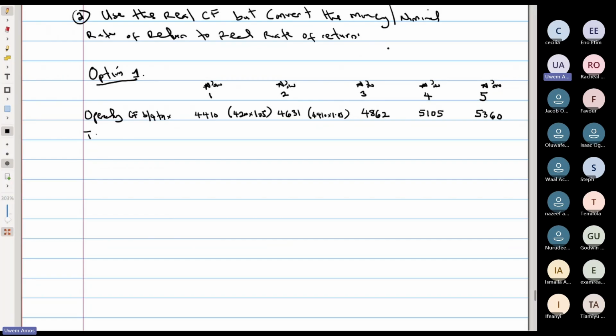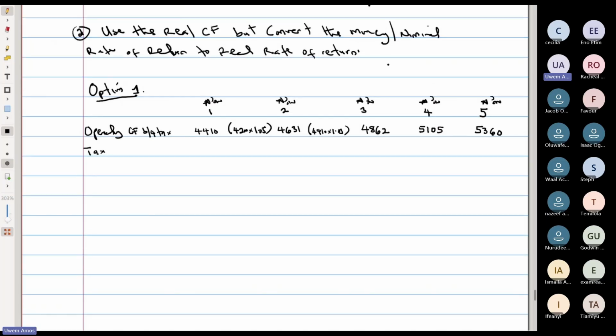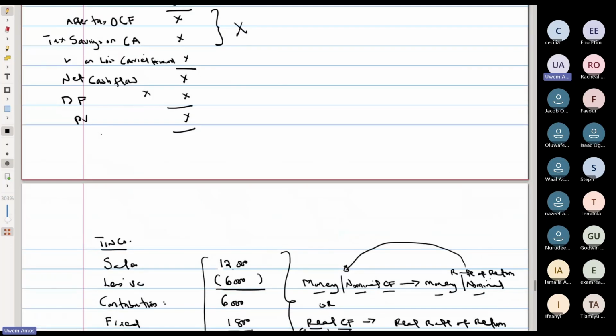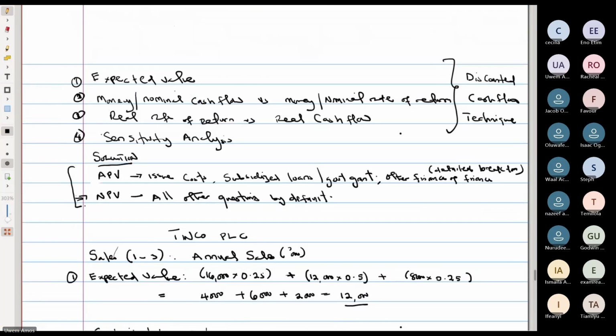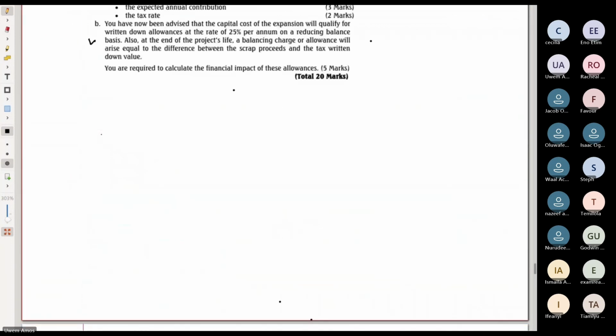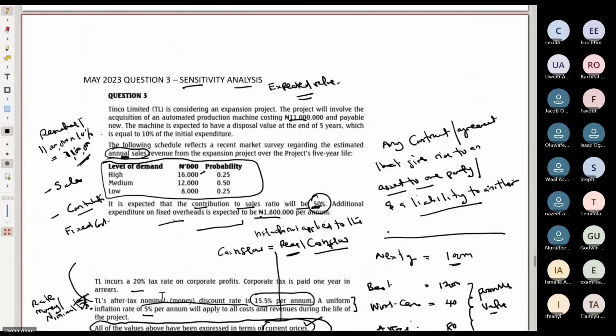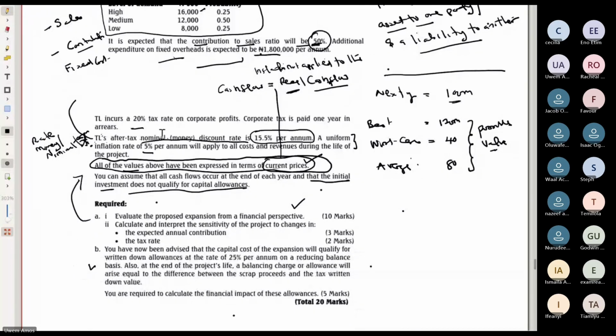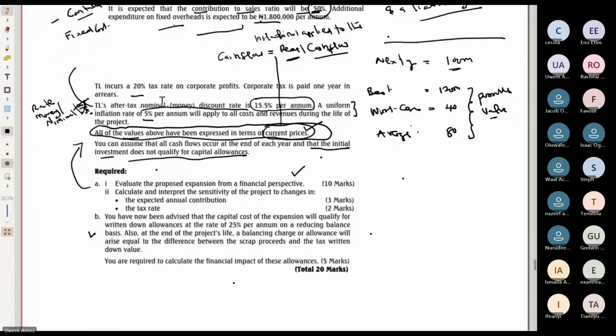So what is our tax rate and when is the tax paid? Let's get right to our question. It says TL incurs a 20% tax rate on profit.